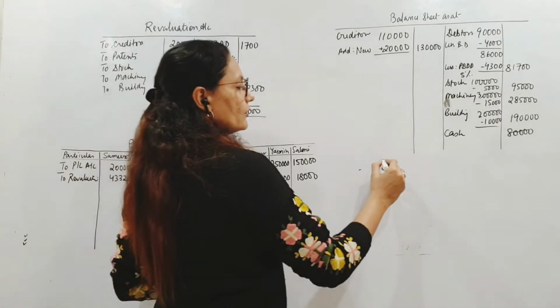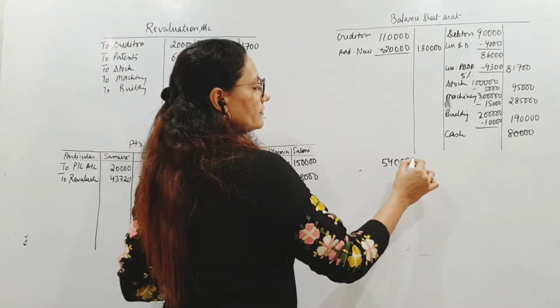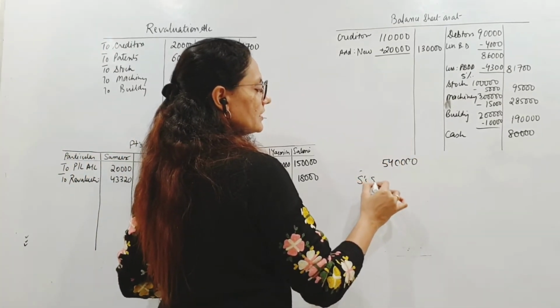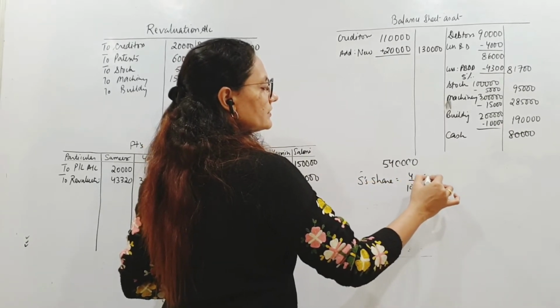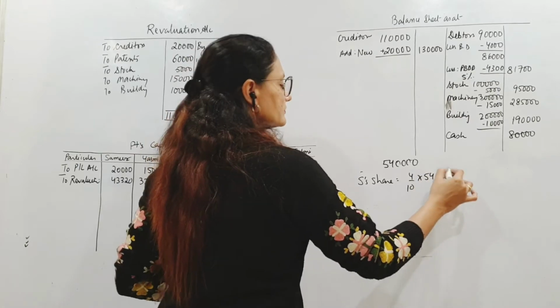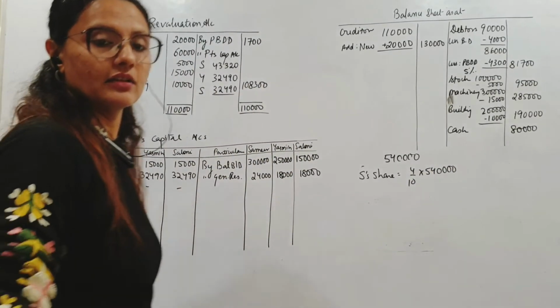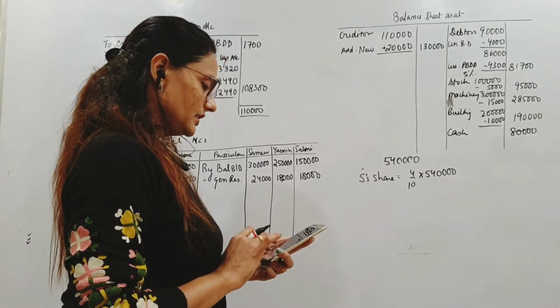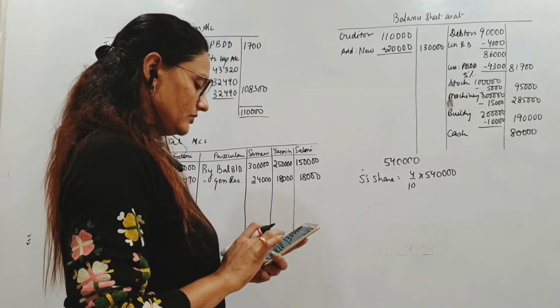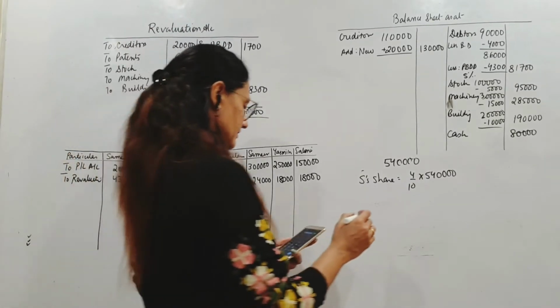So 5,40,000 is the total goodwill of the firm. Samir's share is 4/10 of it. 5,40,000 का 4/10. Alright? So that's what he's supposed to get. So 5,40,000 into 4/10.